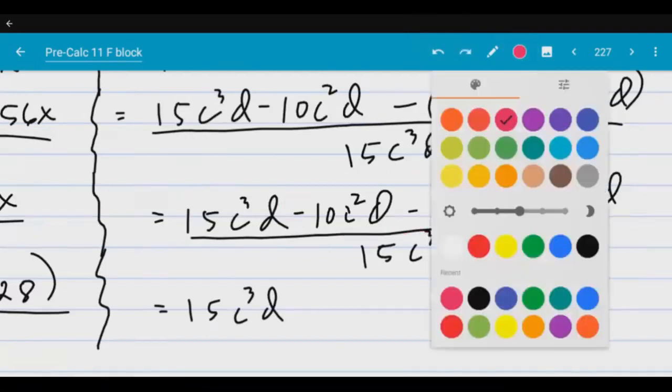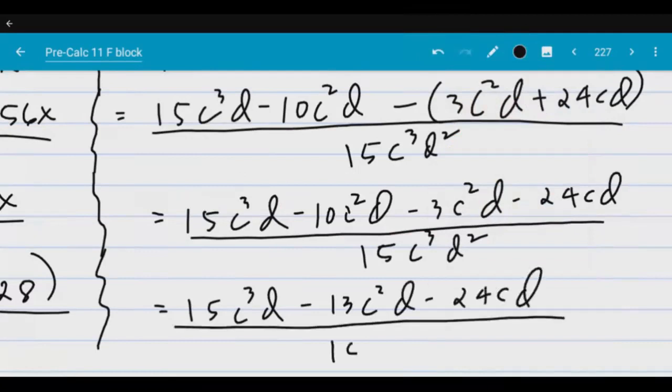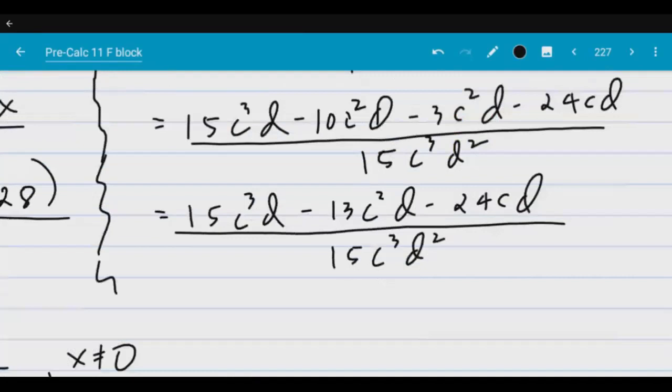That would be negative 13c squared d minus 24cd all over 15c cubed d squared. Once again, you are tempted to cancel things out. You have to make sure that if you are going to cancel anything from the top and the bottom, or the numerator and the denominator, you have to factor out from the numerator first. Okay?